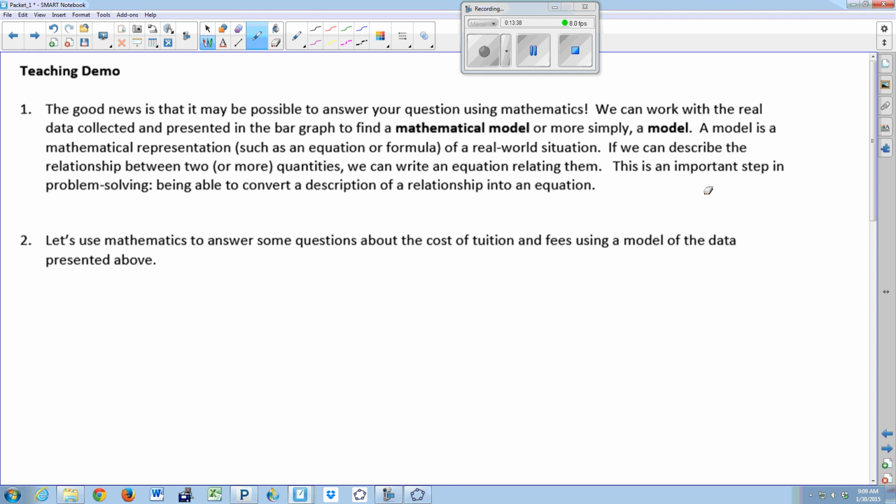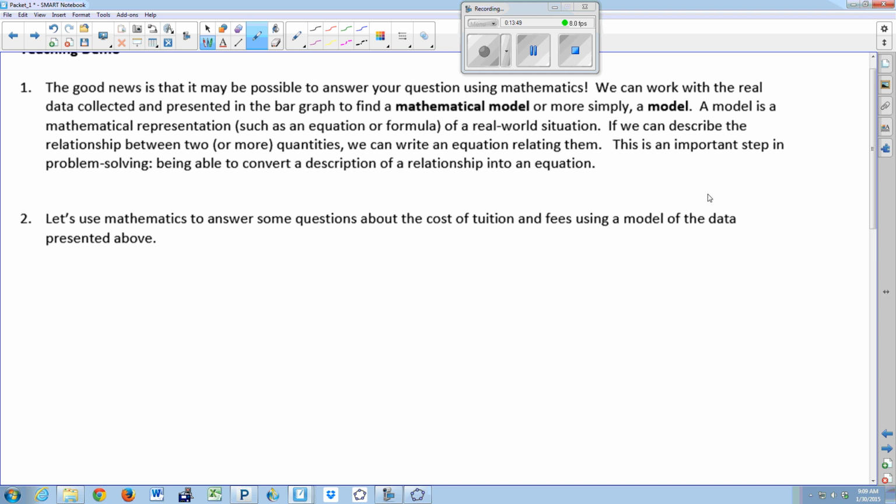We can do it with graphs, with equations or formulas, and it tries to describe a particular situation in the real world. If we try to describe a relationship between 2 or more quantities, we can write an equation relating them. So let's take a look at a model for this particular graph.